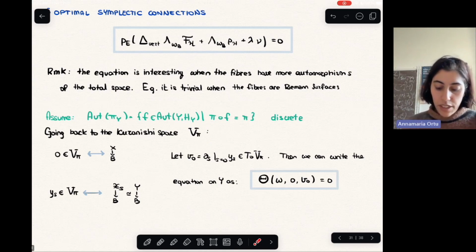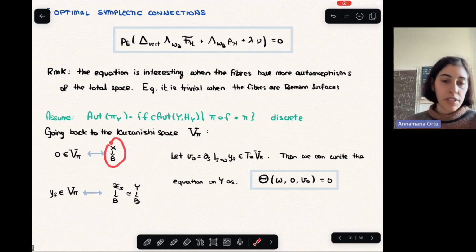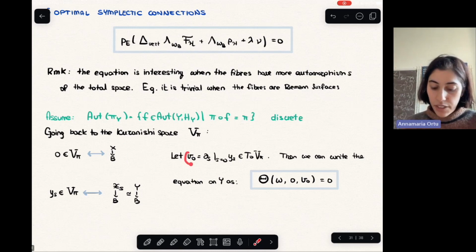So we have a curvature quantity, theta of omega. Then we have the origin of the space, which is the special fibration where fibers have constant scalar curvature. And then we have a vector, which is the vector that identifies the orbit that describes the degeneration of y over x.